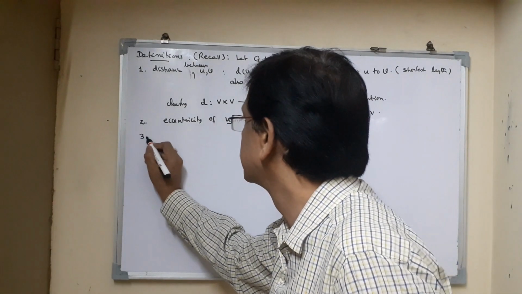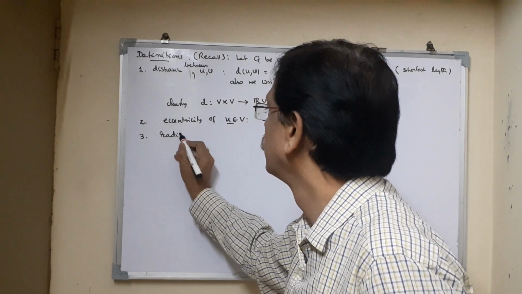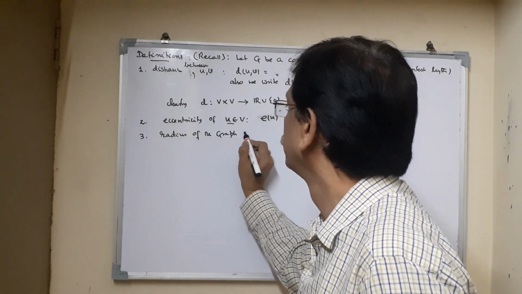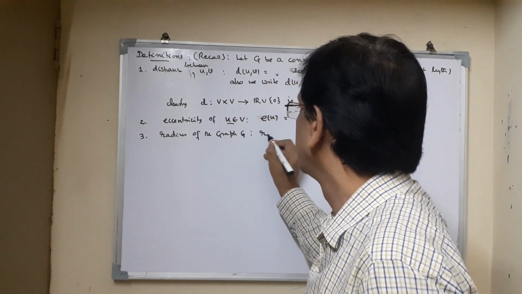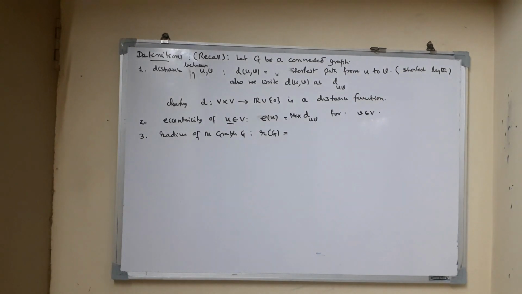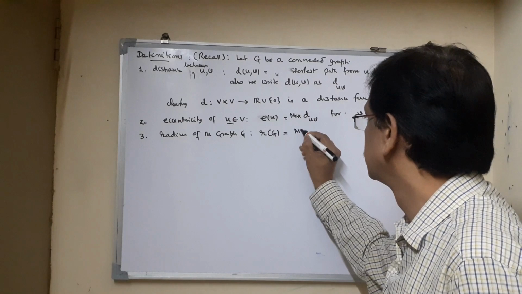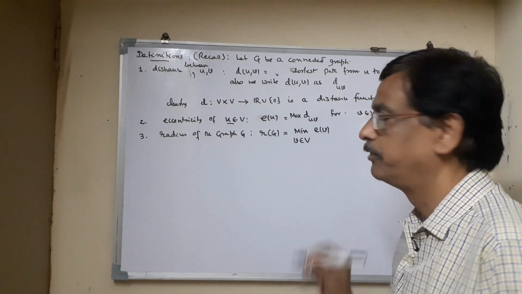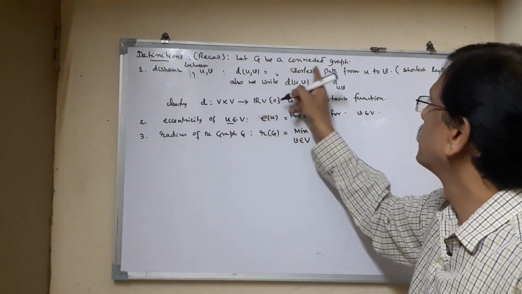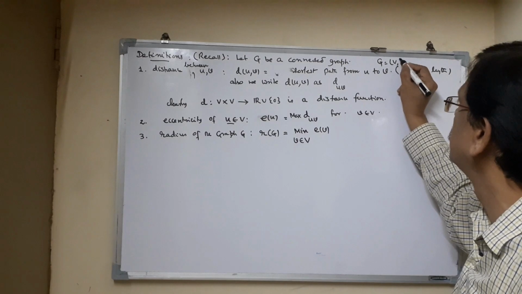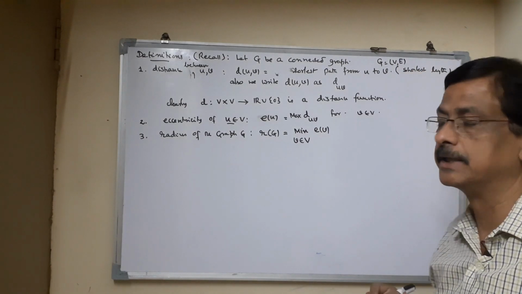Let us see the radius. The radius of the graph G, denoted by r(G), is the minimum of the eccentricity, minimum of e(V), V belongs to V. Remember that if I am writing a connected graph G, this means G is equal to V comma E, vertex set and edge set.